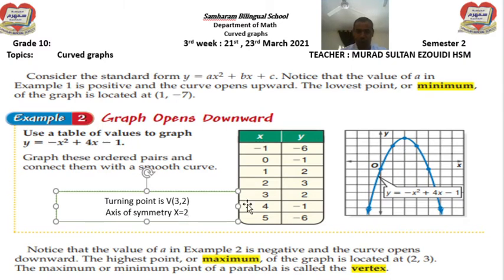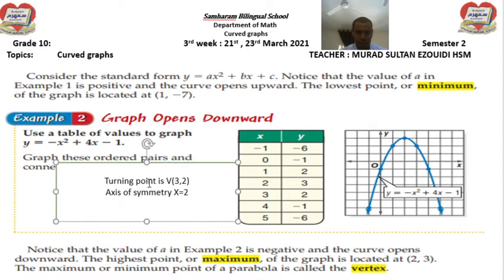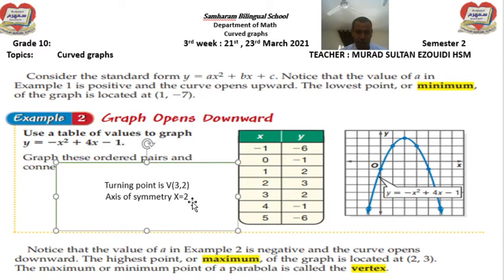If you want to use the formula, just make the axis of symmetry equal to x equals minus b divided by 2a. So minus b is what?